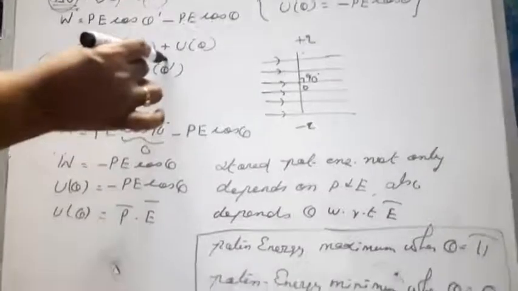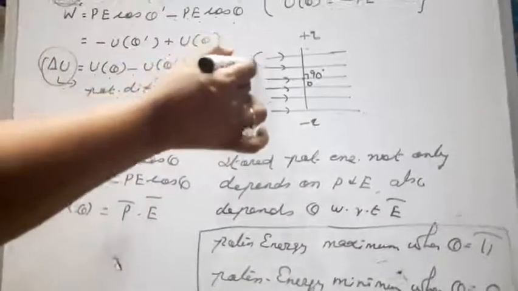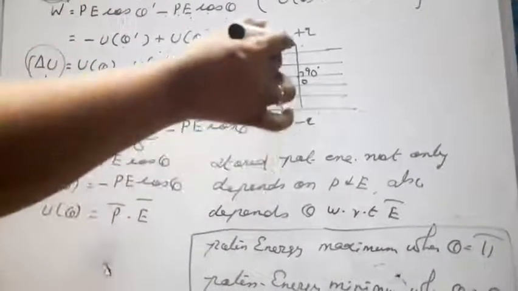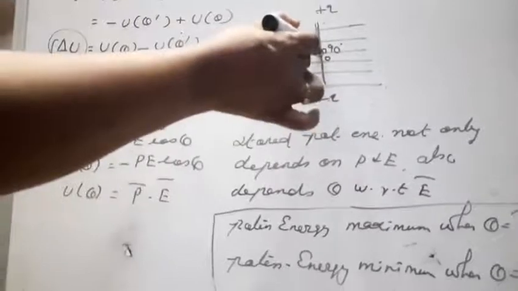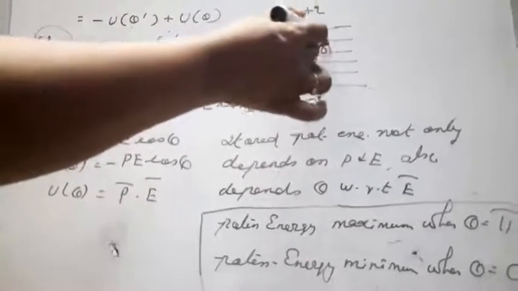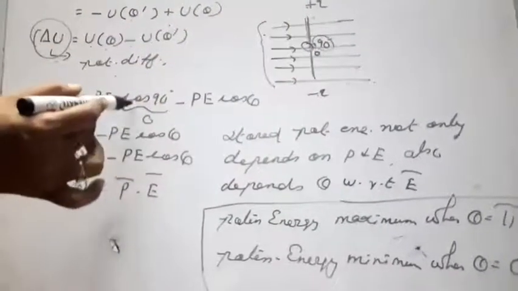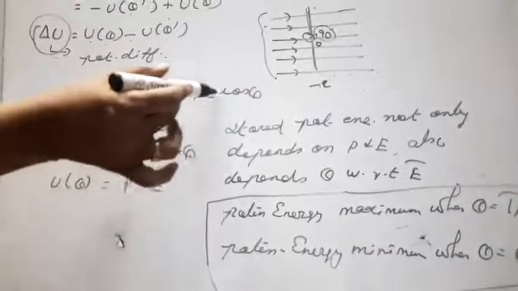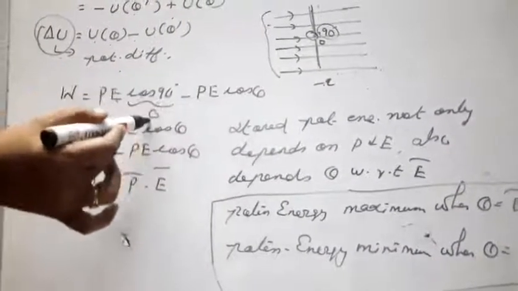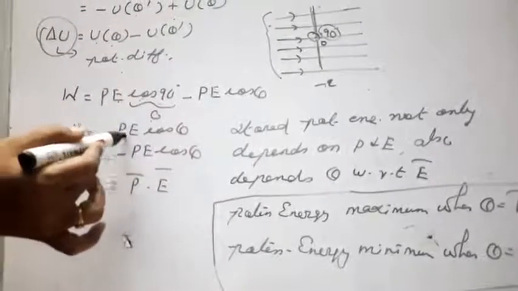Then, suppose we take this uniform electric field and the dipole is aligned at a right angle, that is theta angle is 90 degrees. When it is 90 degrees, W equal to Pe cos 90 minus Pe cos theta. Cos 90 is 0, therefore W equal to minus Pe cos theta.